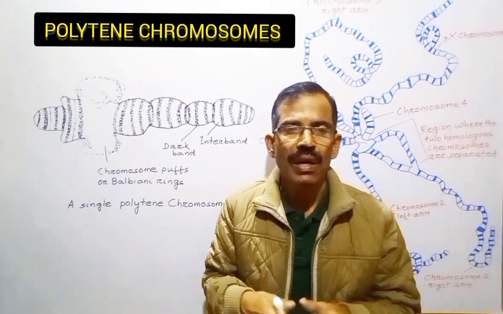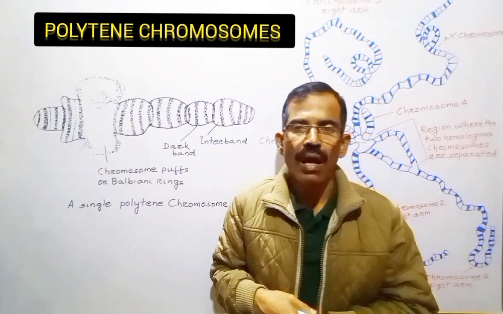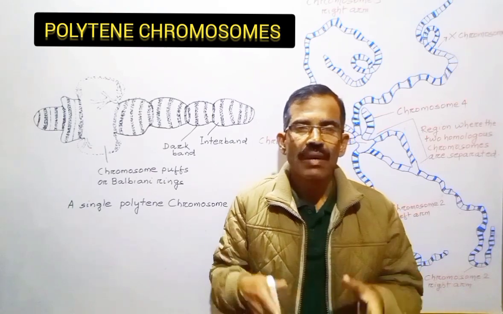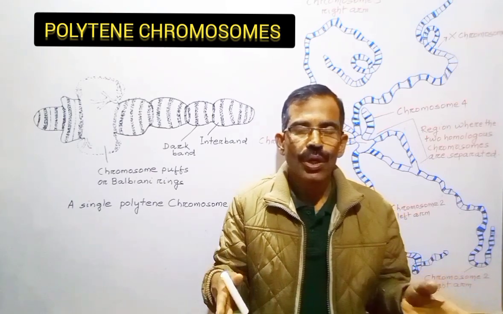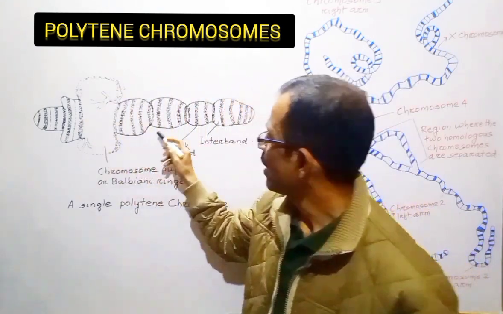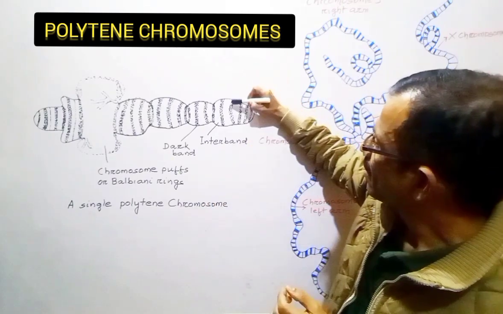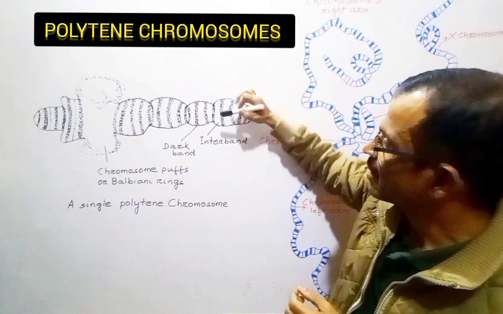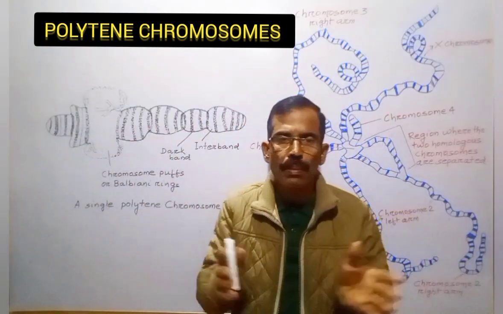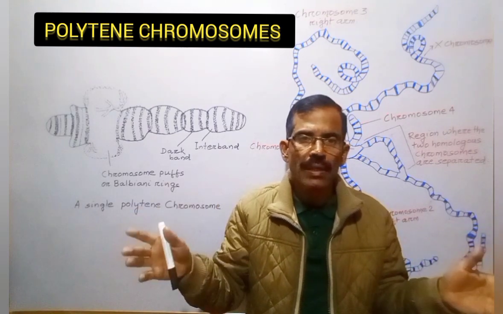This is due to the fact that the chromosome undergoes several rounds of replication and the resulting sister chromatids fail to separate, so they remain together in a parallel arrangement, forming a thick bundle which exhibits a pattern of dark bands and light interbands. Differential coiling along the length of a bundle causes variation in the density of chromatin.